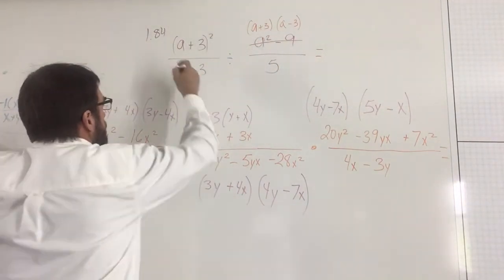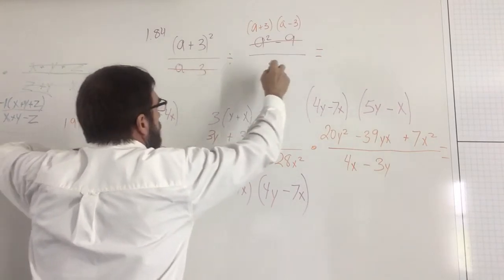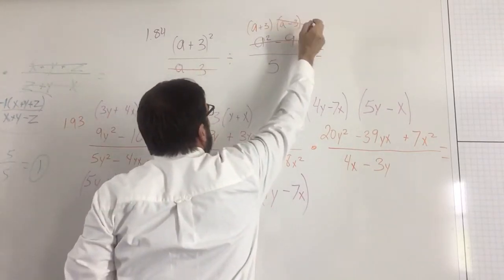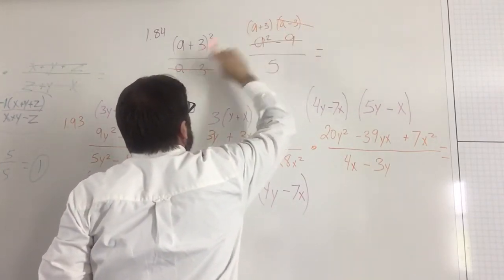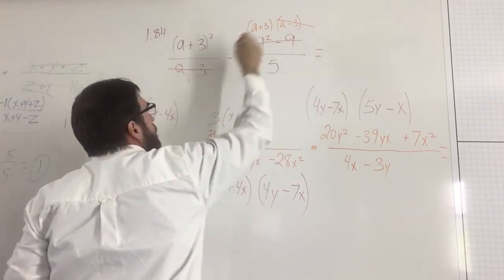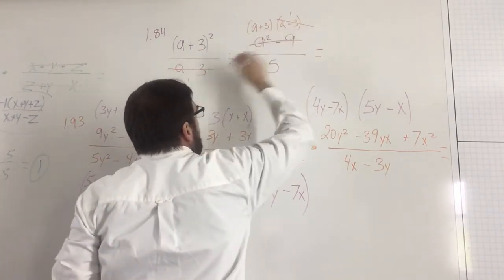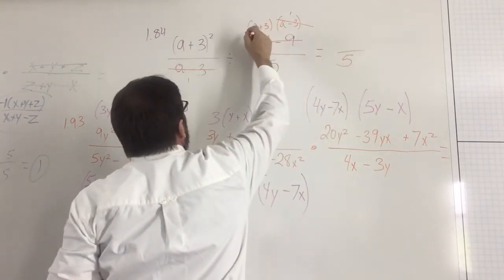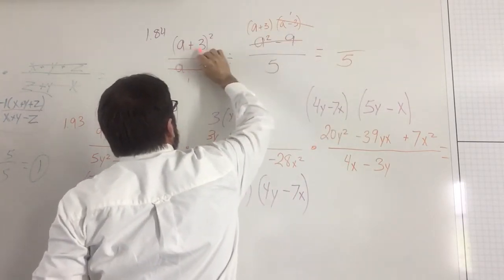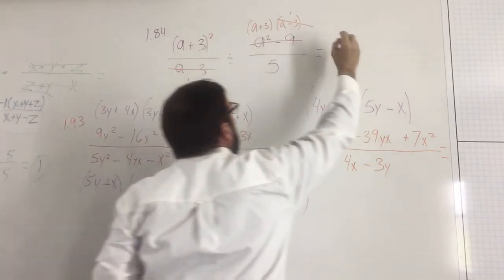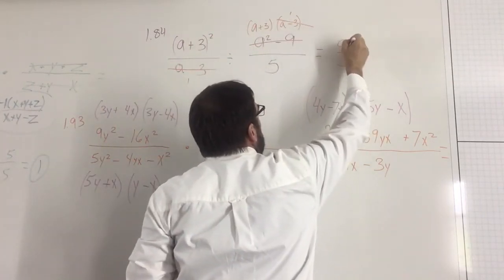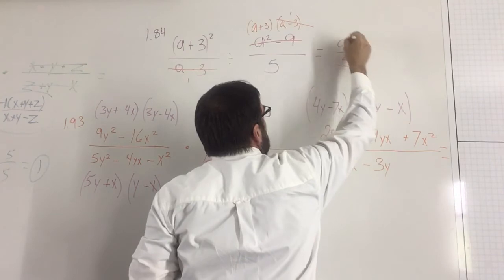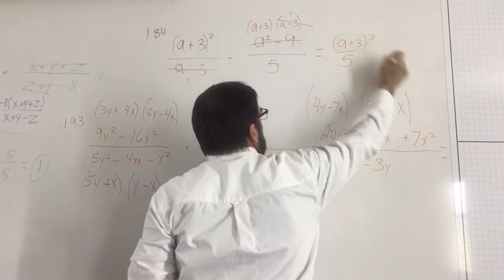So here we go, I'll take off this a minus 3. That leaves me with a 1 here, and of course this is a 1. So that leaves me 5 on the bottom. And then on the top I have a plus 3 squared, so I can add those together and go a plus 3 cubed, 3 times.